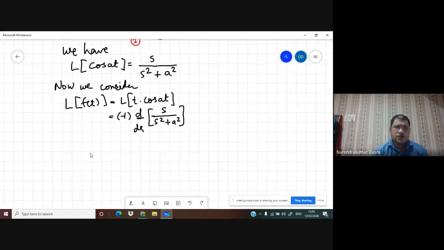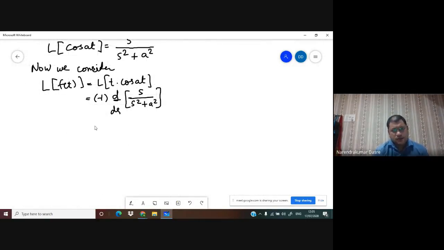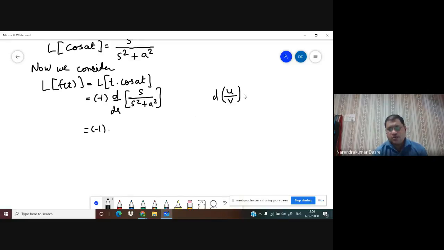Then we need to be careful while taking the derivative. So this minus 1 remains here, and now we need to take the derivative. We have s in the numerator and s in the denominator also. So u upon v: the numerator is also a function of the variable and the denominator is also a function of the variable. So we have to consider the u upon v rule, and it is going to be v derivative of u minus u derivative of v, upon v square.